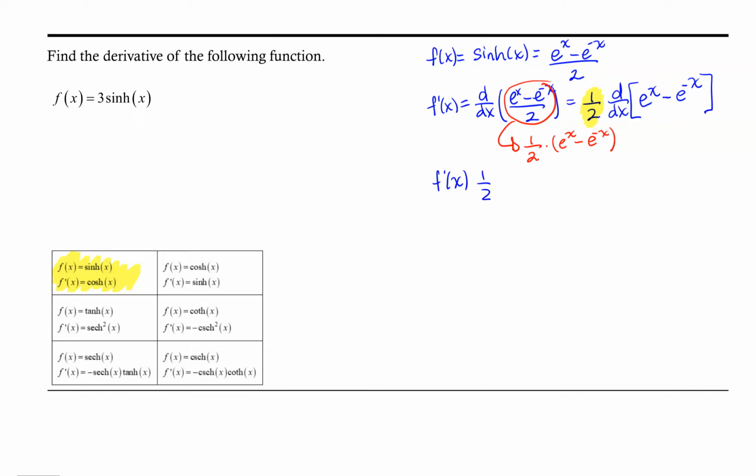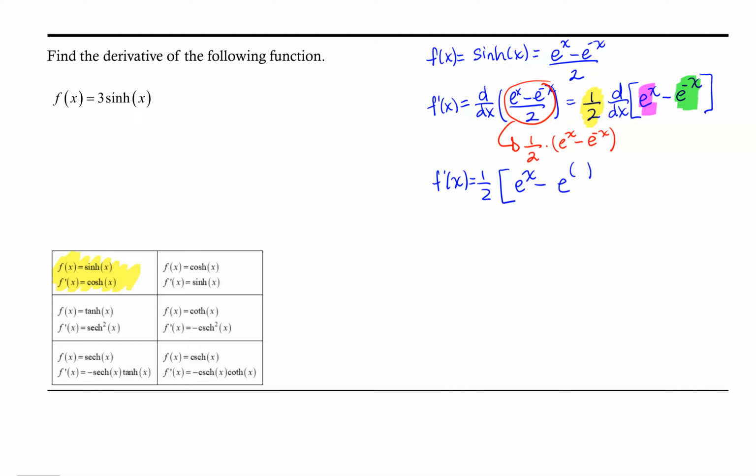So f prime of x is 1/2 times the derivative of e to the x, which is simply e to the x, minus, and now the derivative for e to the negative x. Now I have to use the chain rule, and the derivative of an exponential function is the exponential function.